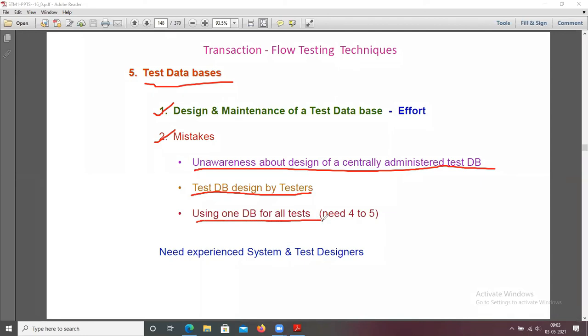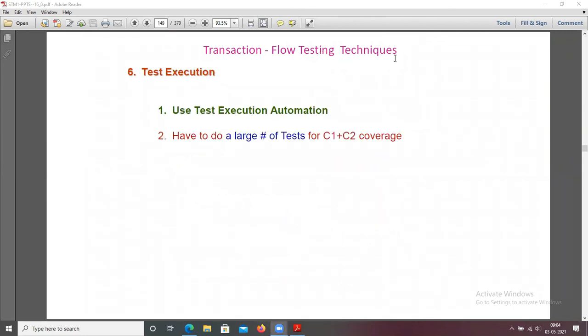We are going to need four to five types of tests, so we need experienced system and test designers. Then test execution: use test execution automation. You have to do a large number of tests for C1 plus C2 coverage.